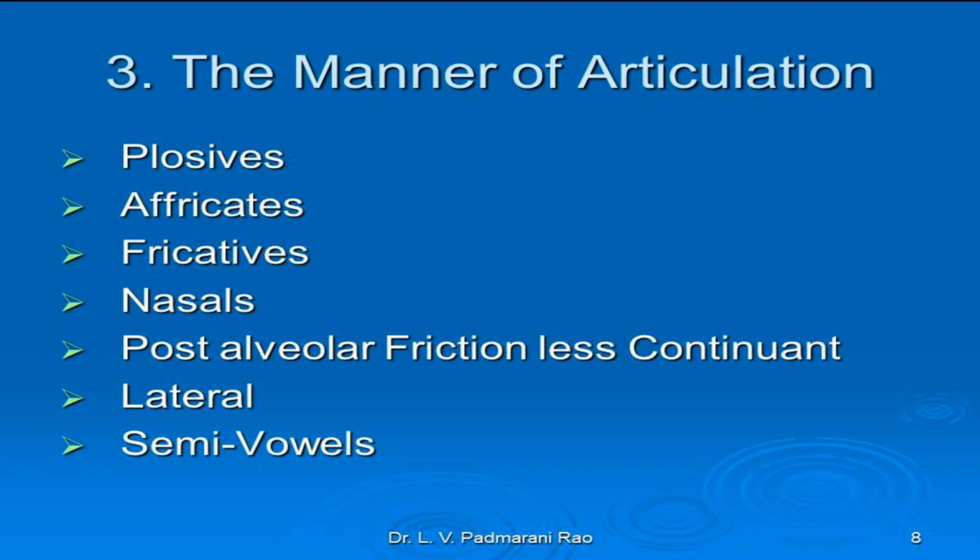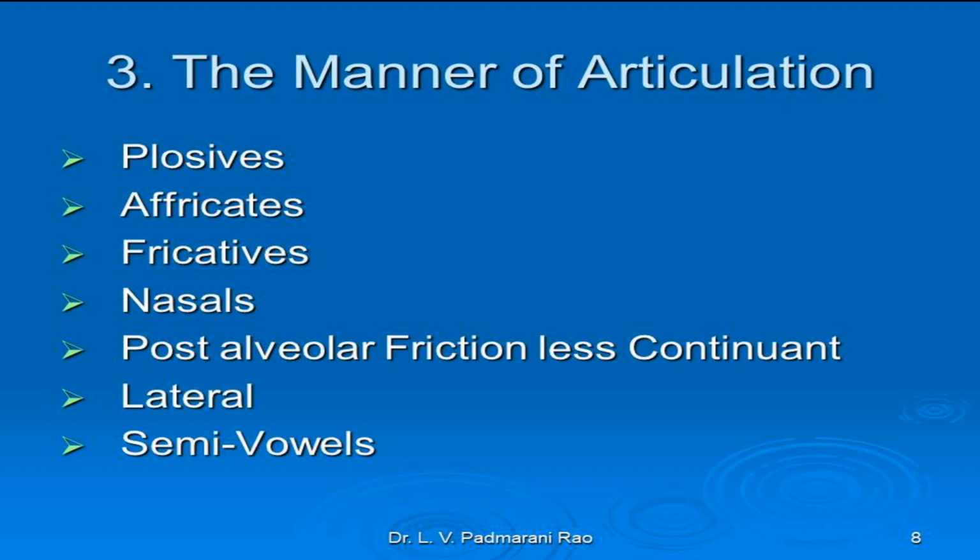This causes a sudden release of the blocked air with explosive sound, and hence they are called plosives. So the air is compressed in the oral cavity and then released with a sudden explosion, as you could find in the production of p, b, t, d, k, g, etc.